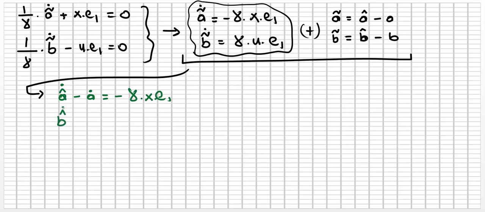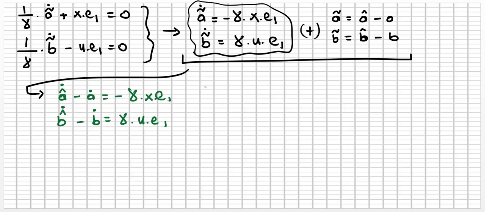And b hat dot minus b dot is equal to gamma times u times e1. And so how can we obtain this a dot and b dot value? This is unknown. Its derivatives are unknown parameters or dynamics.